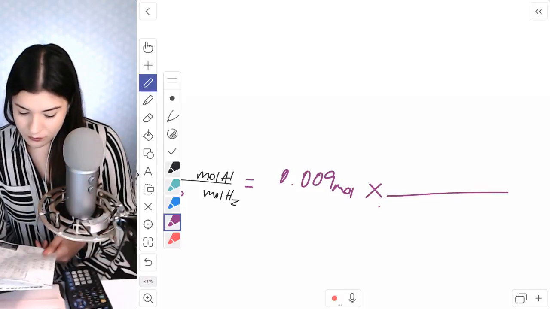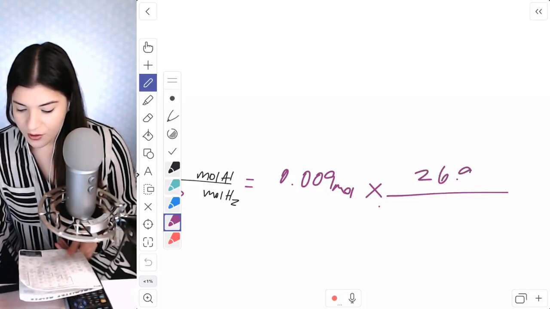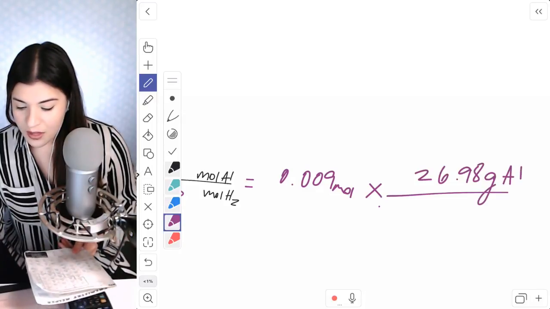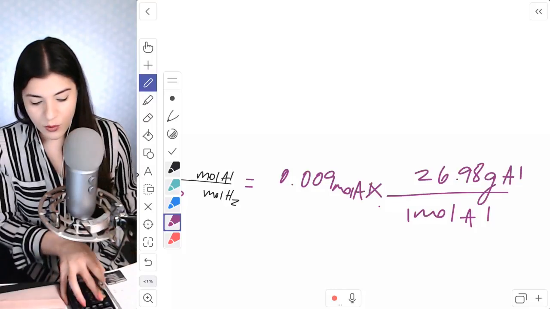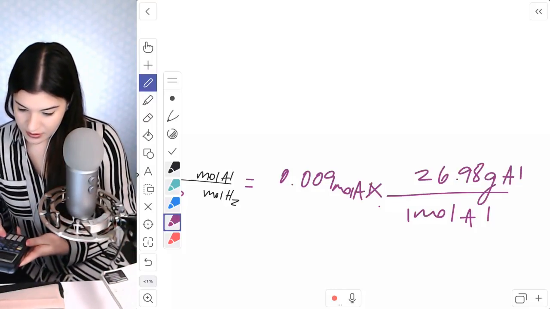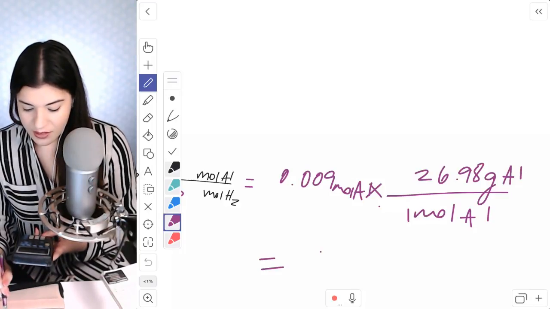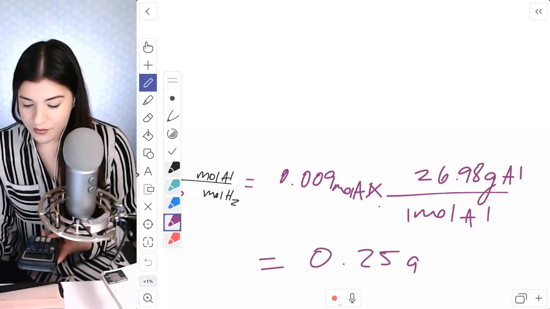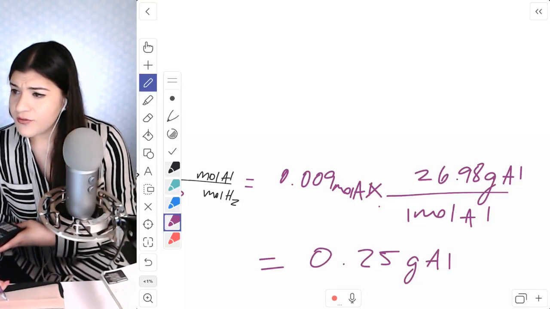So I multiply by the molar mass of aluminum, which was 26.98 grams of aluminum, with 1 mole of aluminum on the bottom. We'll multiply those two values together, and that gives us 0.25 grams of aluminum. Let's double check our sig figs.